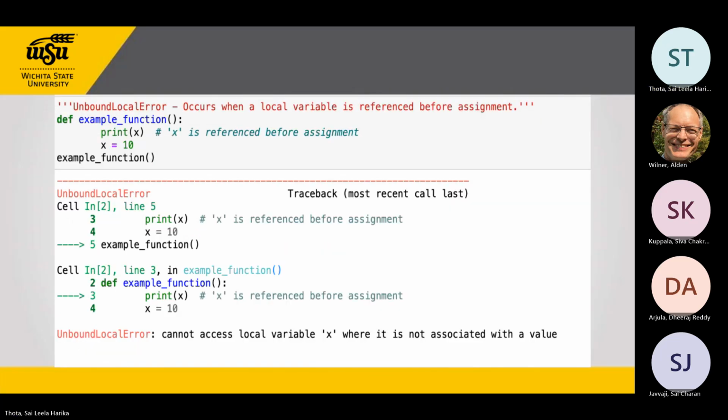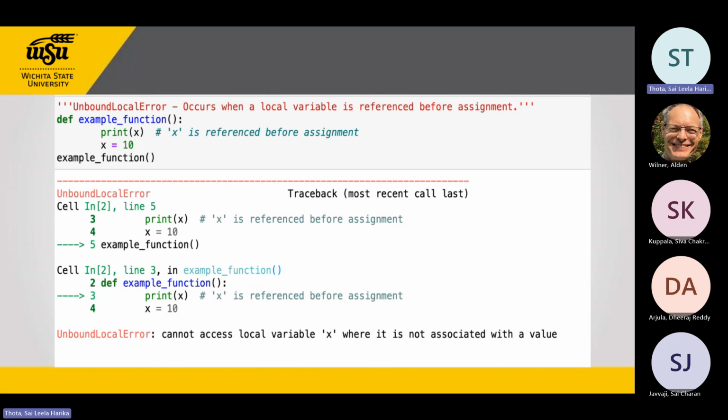Next, unbound local error. Unbound local error occurs when you are trying to print a variable before it is assigned. If you observe the example, I define the example function, and in the next line I'm trying to print the x, but I didn't mention what the x value is.